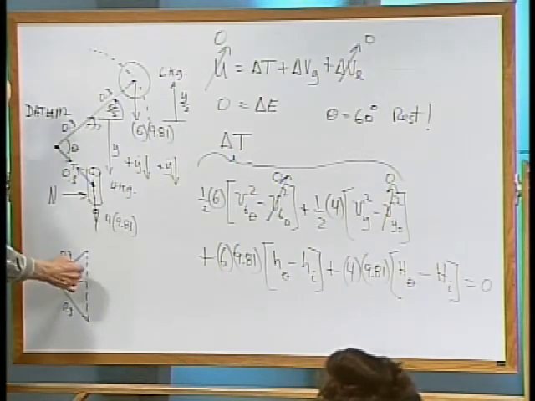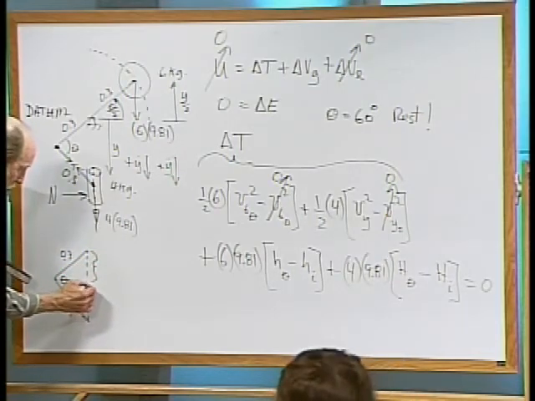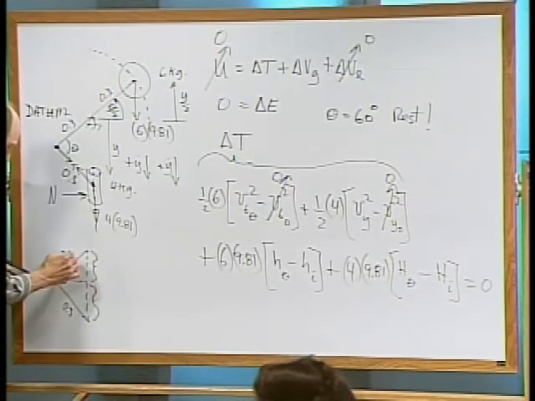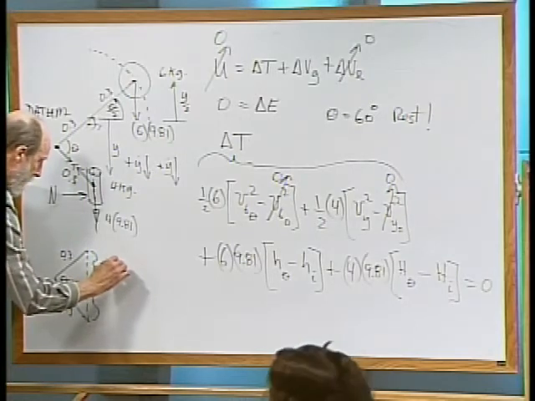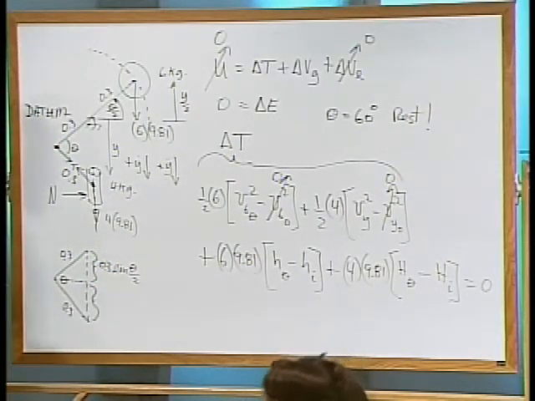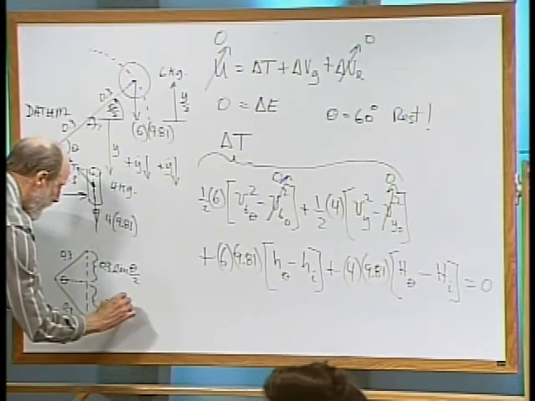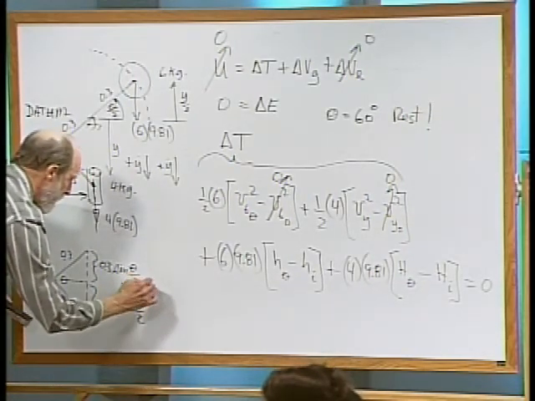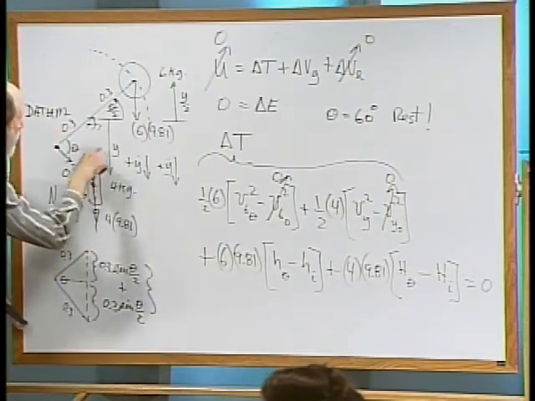So what we can do is look in here and see that the y is made up of these two pieces, and each of those pieces is 0.3 times the sine of theta over 2, and the sum of those is equal to our y value.